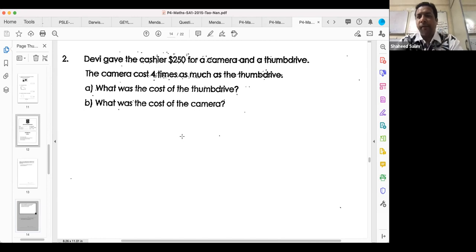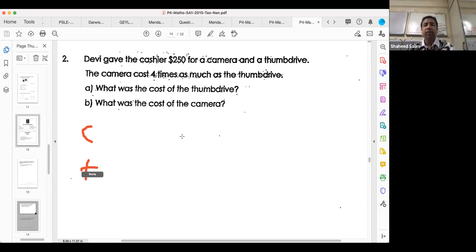You got the answer already? You can draw model lah. You draw model, one for camera, one for thumb drive. Flash disk lah. So which one is cheaper? You put 1 square.